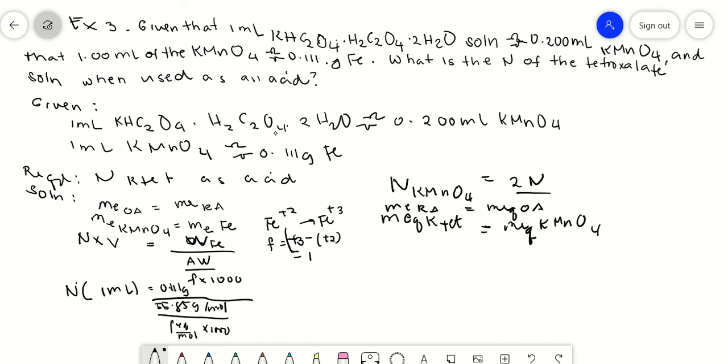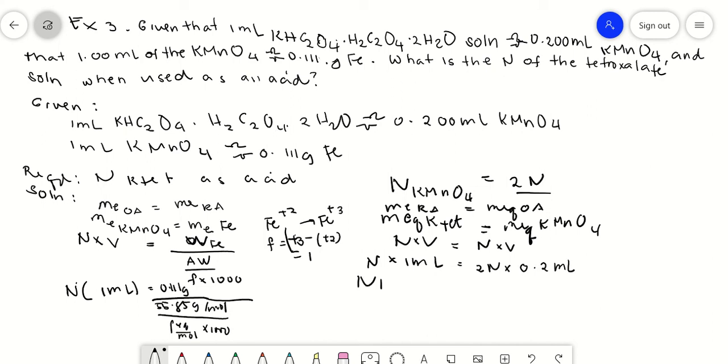Since we are given the volume, normality times volume as a reducing agent is equal to normality times volume of potassium permanganate, which we know already. Normality of potassium tetroxalate as reducing agent times the volume, which is 1 ml, is equal to 2 normal times the volume of 0.2 ml.